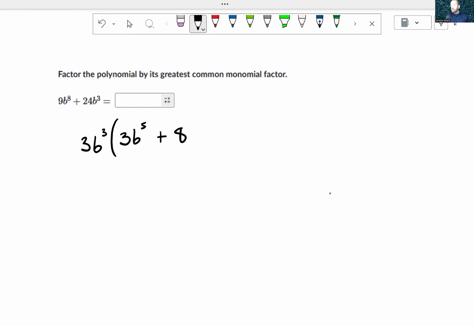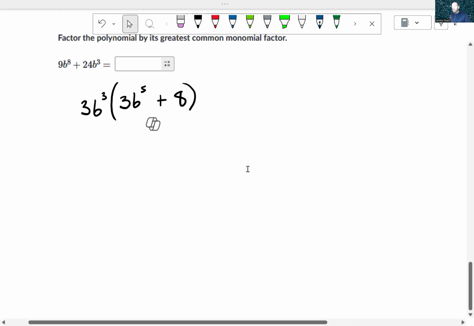That's going to be 8. So we're rewriting this like a new expression. So 3b cubed times 3b to the fifth plus 8. Okay. And then here's just a slightly different format of that.